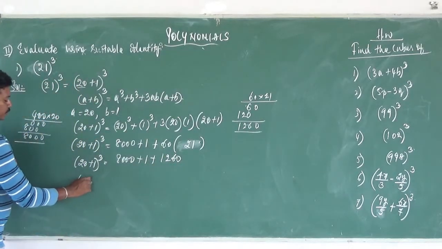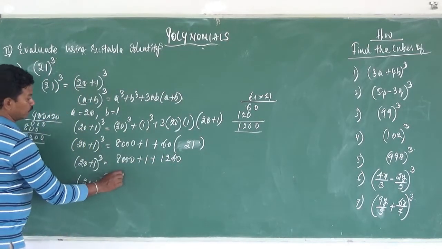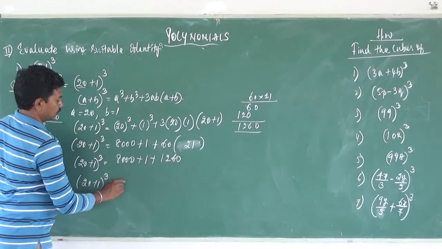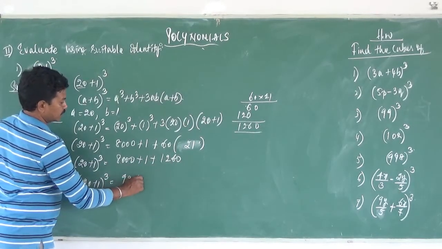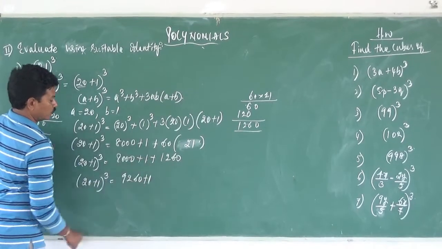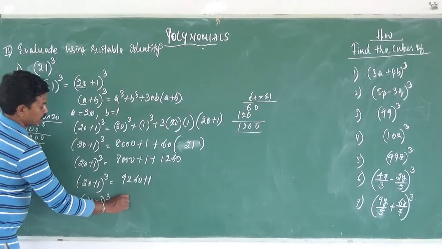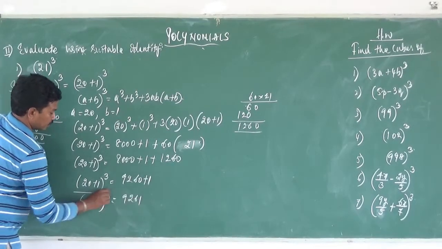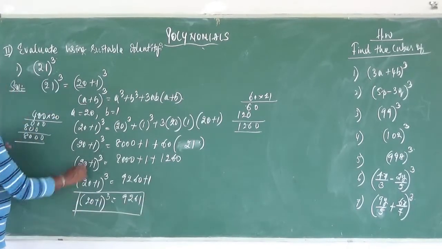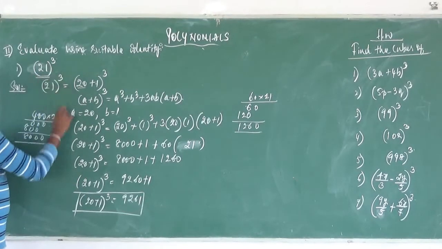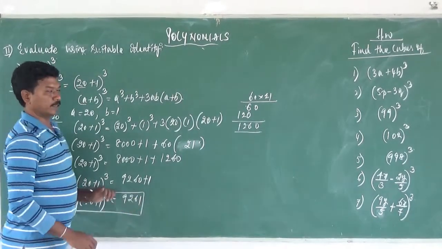So it is 8000 plus 1260, which is 9260, plus the remaining 1. So (20 plus 1) whole cube is equal to 9261. So the cube of 21 is 9261, right?